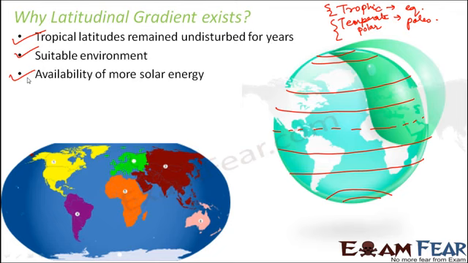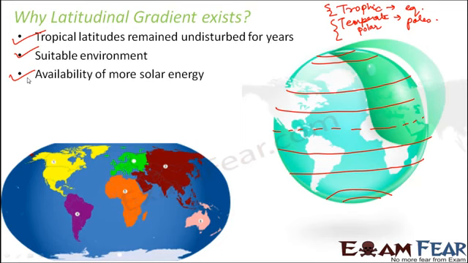Now when the availability of solar energy is more in the equatorial region, then the sustenance of the living organisms is also more in the tropical regions, and that is why the variety of living organisms would be more in the tropical region. So these are some of the reasons which justify why this concept of latitudinal gradient exists.